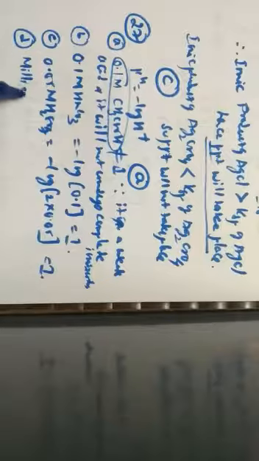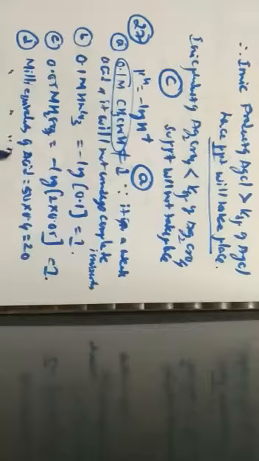Next, option D is given with what? 50 cm cube of 0.4 molar HCl plus 50 cm cube of 0.2 molar NaOH. So it is a combination. By this, I can calculate it in the form of milli equivalents. So the milli equivalents of acid is equal to 50 into 0.4, that is equal to 20.